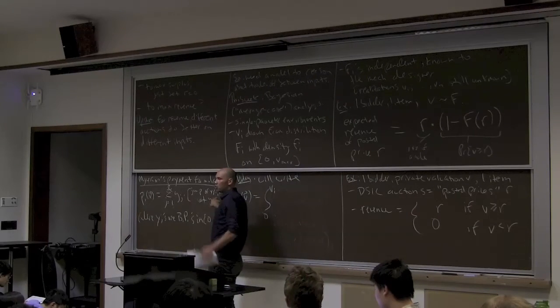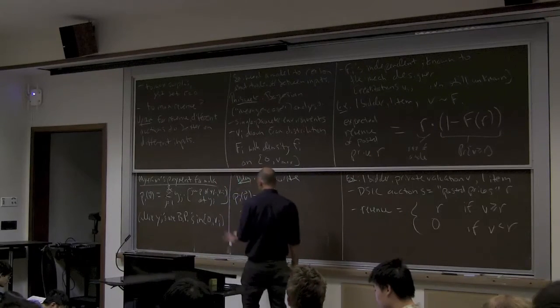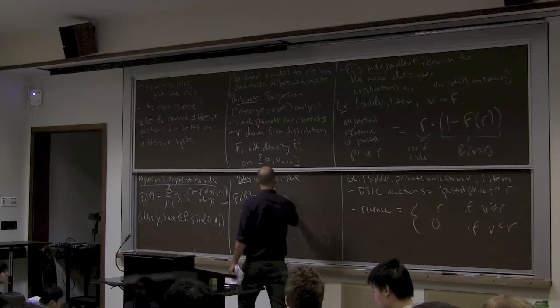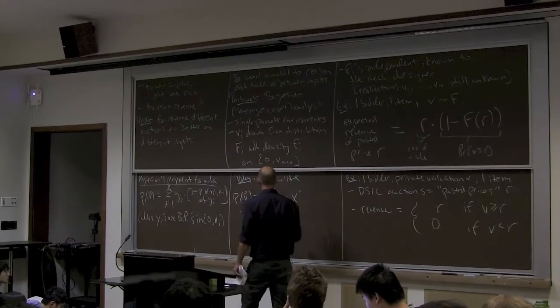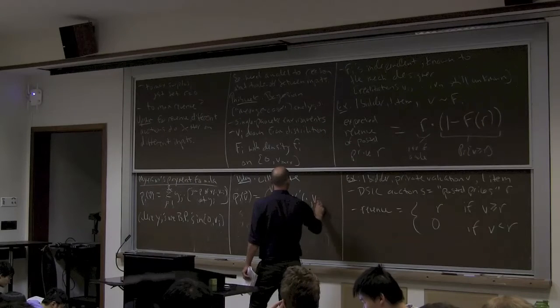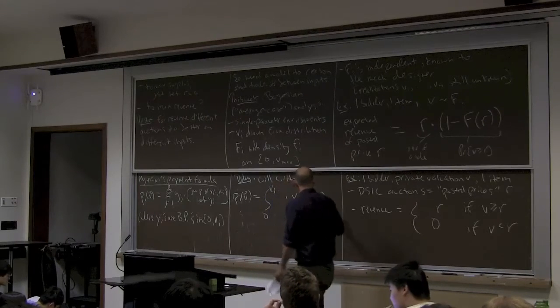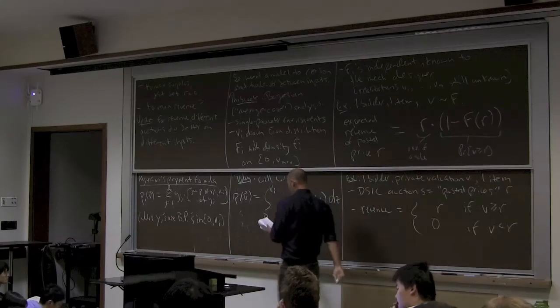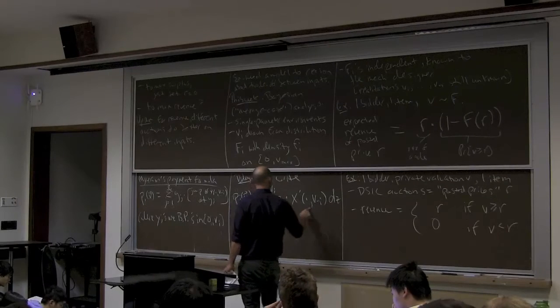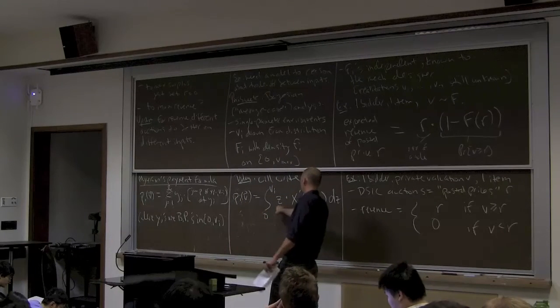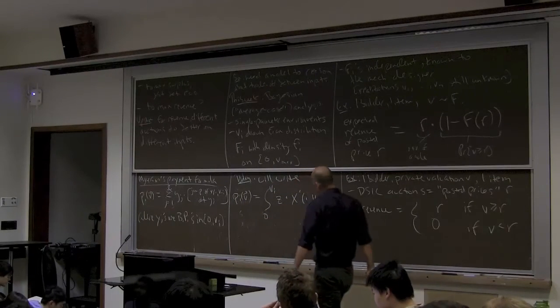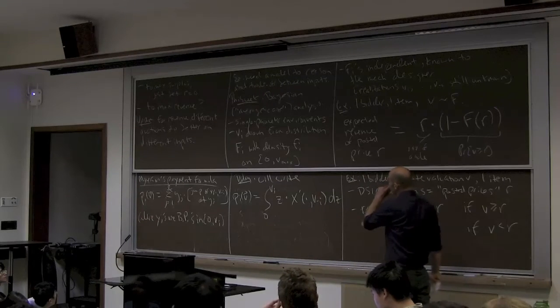Rather than looking at the jump of the allocation curve, I'm going to look at its quote-unquote derivative. So look at x prime. And I'm integrating, and as usual, when there's an increase in the allocation rule, it gets weighted by the position at which that increase happens. Okay?